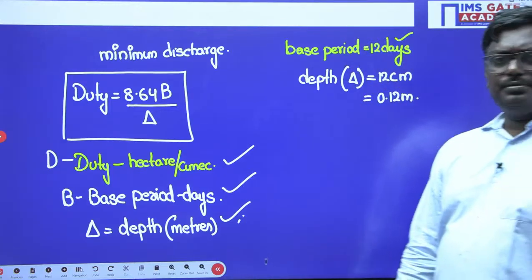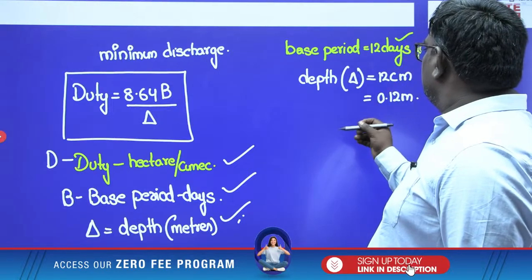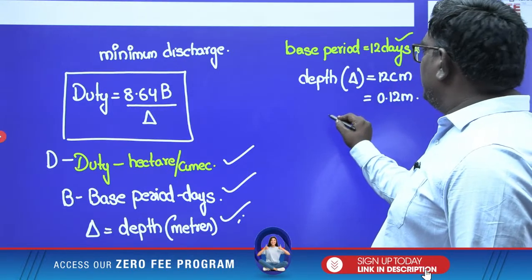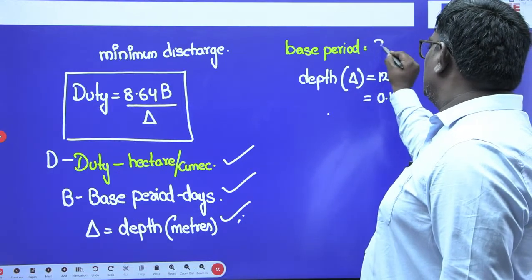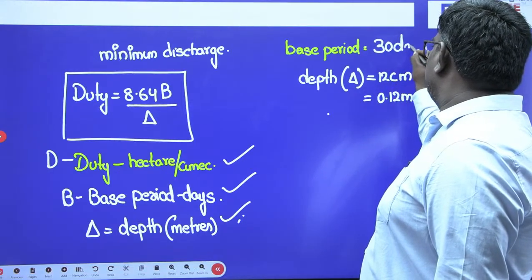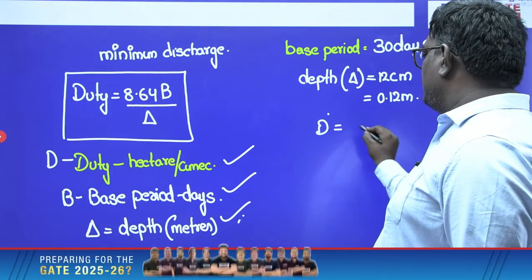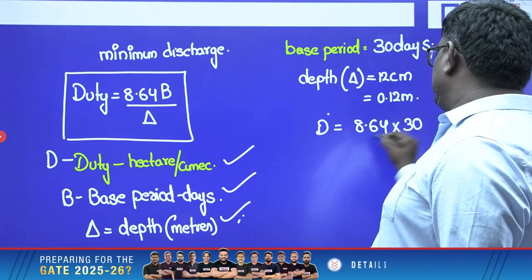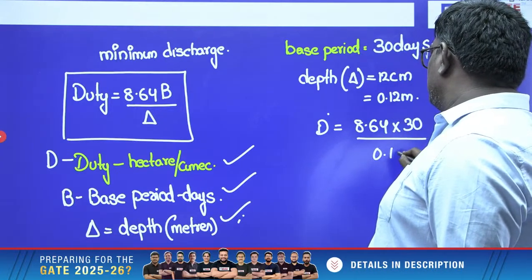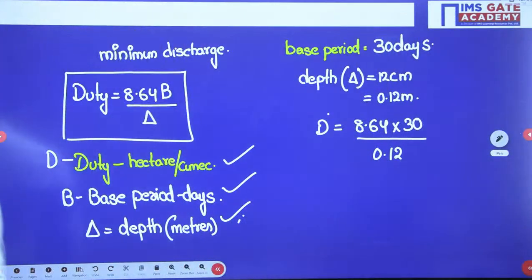Yes or no? Now what will be the duty? Duty is equal to 8.64 into 30 days divided by 0.12. Can anyone tell me what answer you got?